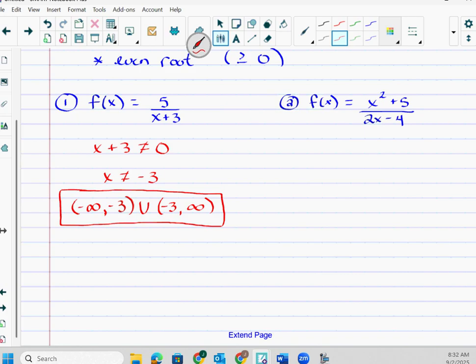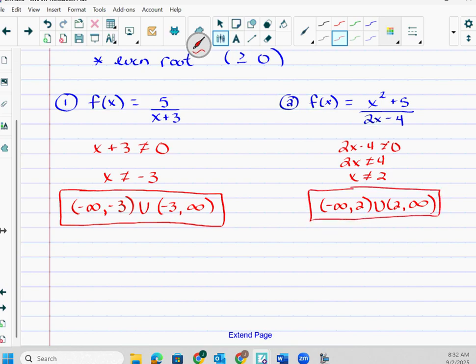Check with your neighbor. Do you have the same thing? So we get x cannot be 2. So -infinity to 2, 2 to infinity. Yeah. Okay.